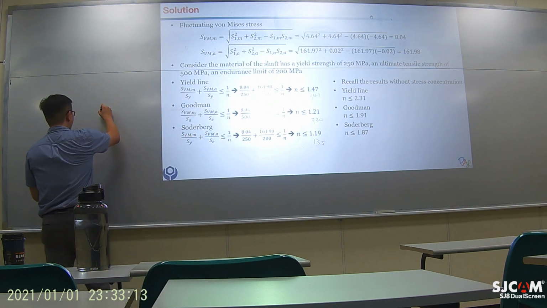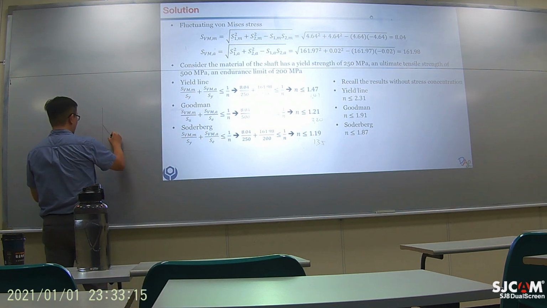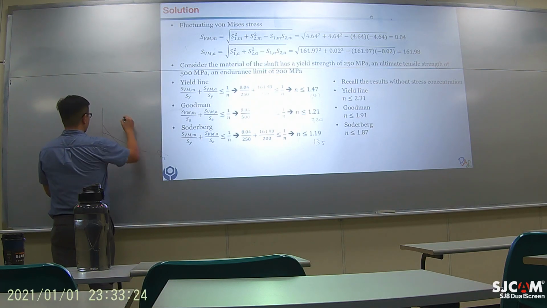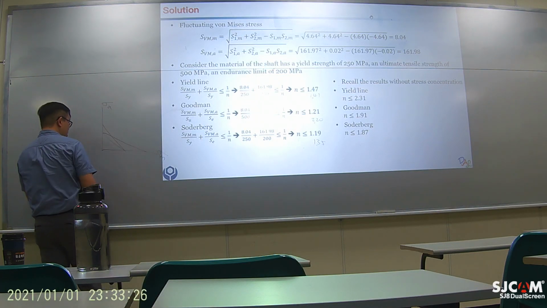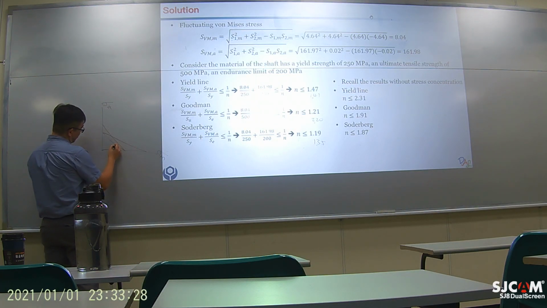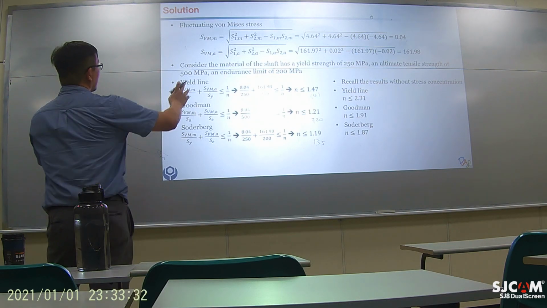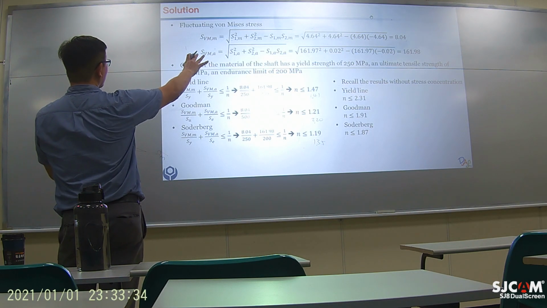And I had a drawing. I shouldn't have erased it. It was like this and this, right? And this is the mean part. This is the amplitude part. Earlier, I said the design point would be somewhere here, but now we can take a look at this particular problem.